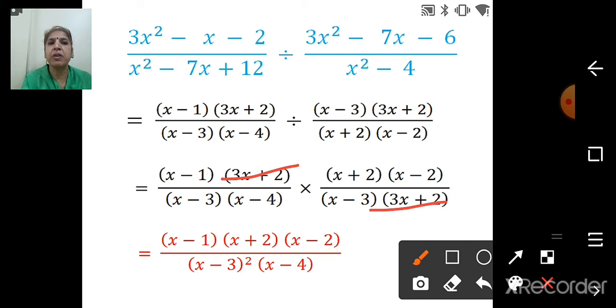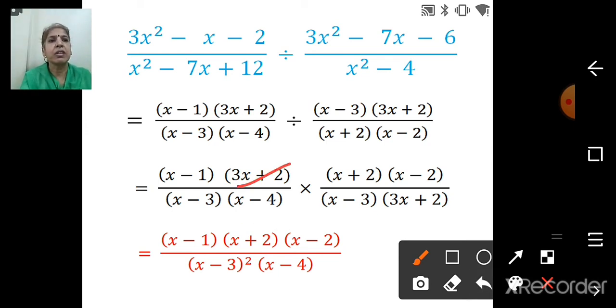So what will we do? We will write the same factors. X minus 1 is remaining, so x minus 1 we will write here in the numerator. X plus 2 the whole bracket multiplied by x minus 2, all are in the numerator. And in the denominator what is remaining? X minus 3, and here also x minus 3, so we can write x minus 3 the whole bracket square, and x minus 4.